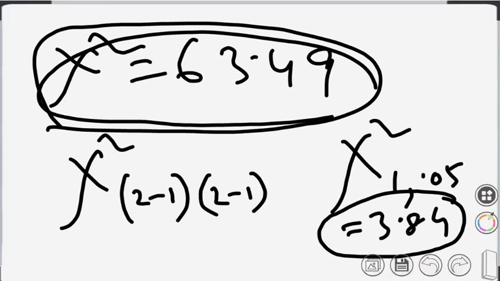So this is the calculated value. Obviously, the calculated value is greater than the tabulated value. So the null hypothesis is rejected and the alternate hypothesis is accepted, which means what is the decision?